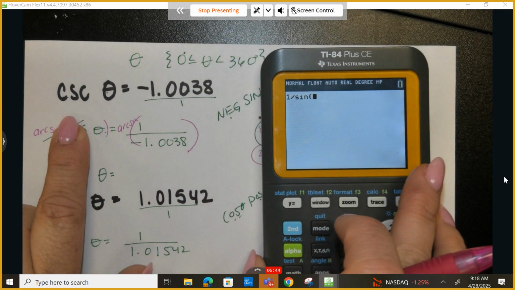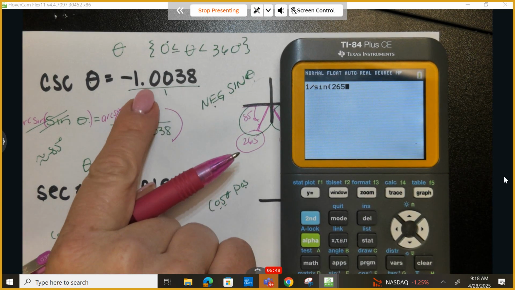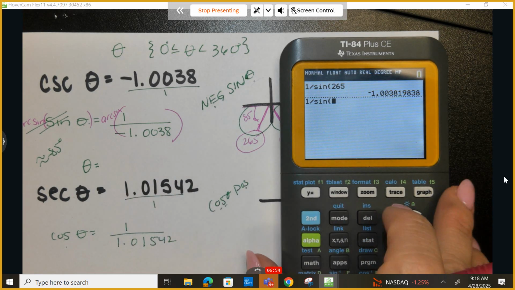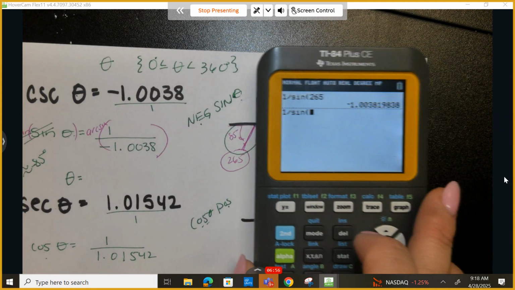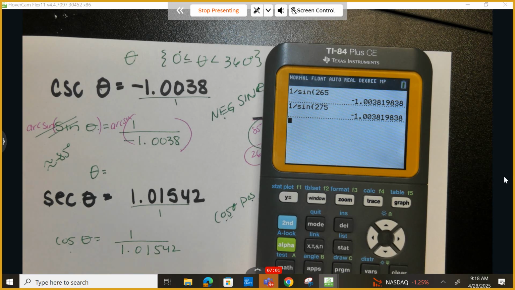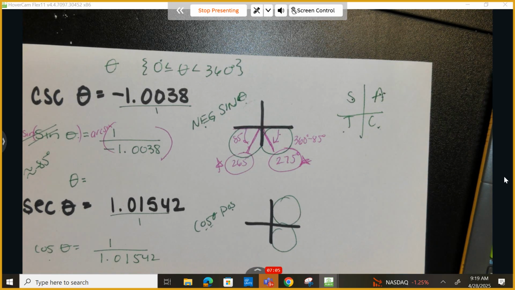So 1 divided by sine, and let's try the first one, 265. When I hit enter, this is the answer I want. Let's try the next one, 275. Again, that's the answer I was able to achieve. So I feel very confident these two are the correct answers.